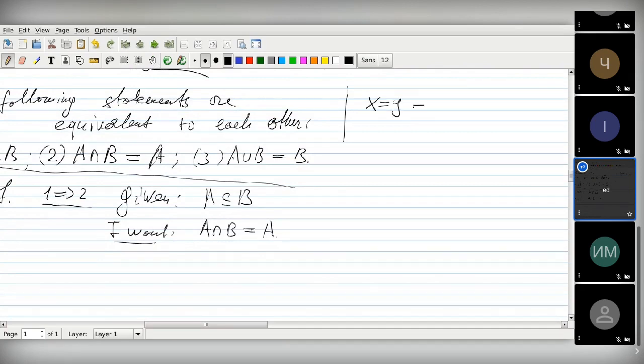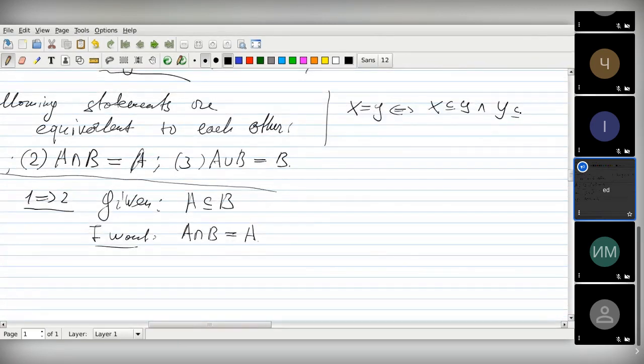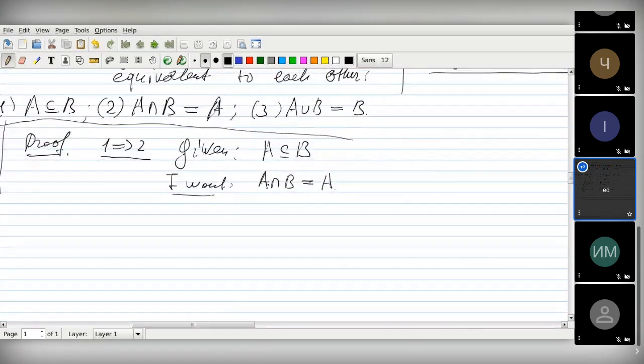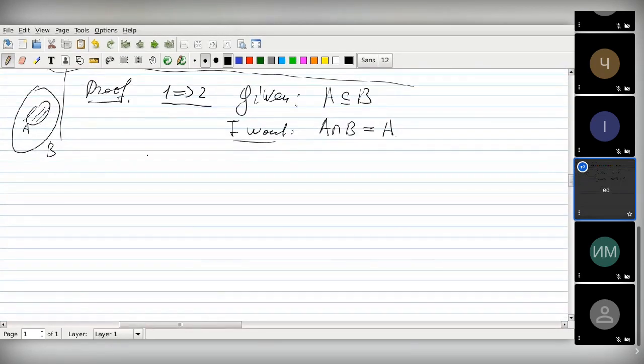X equals Y if and only if X is a subset of Y, and vice versa, Y is a subset of X. Do you agree? Yes, we have proved it. Okay. So here I need two inclusions.